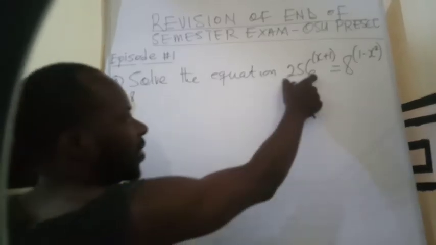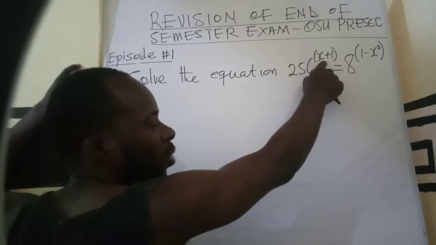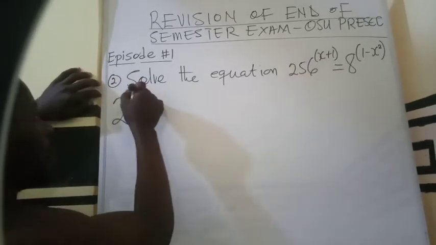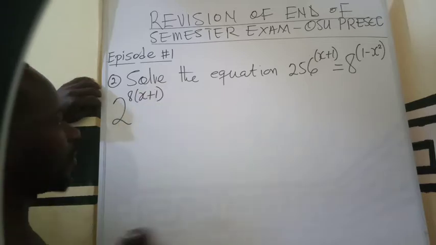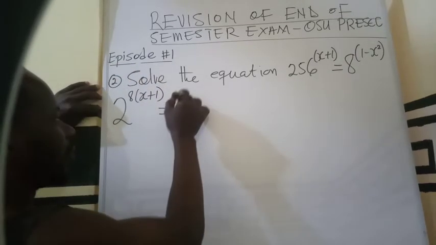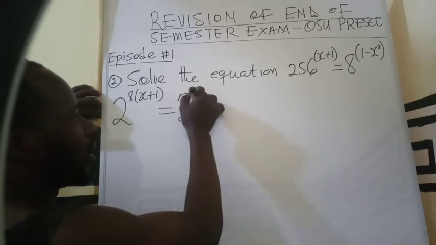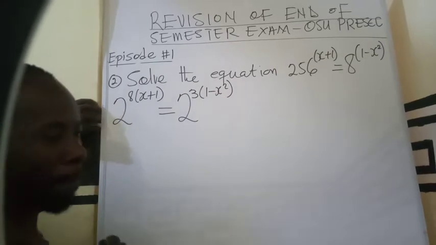2 exponent 8 is given as the 256. But the 256 is already having an exponent, so that exponent will multiply the exponent we get from the 256. This is equals to, this will also be given as 2 exponent 3, already multiplying 1 minus x squared.